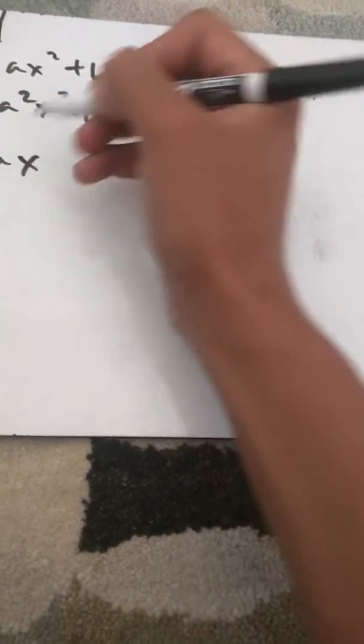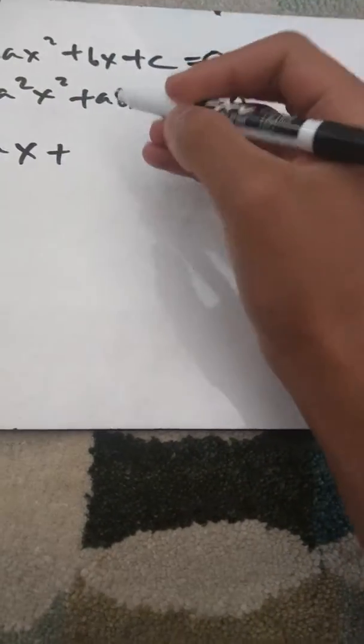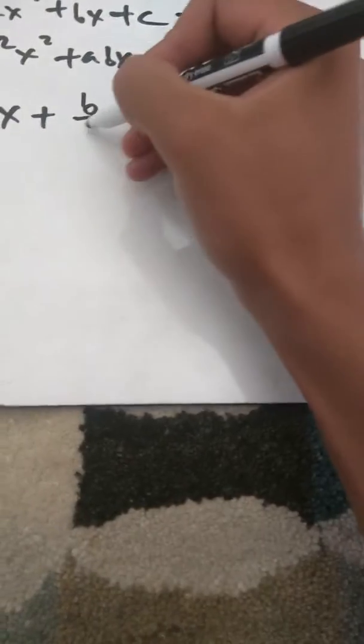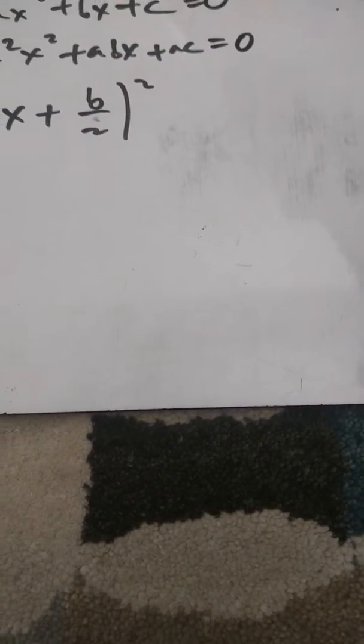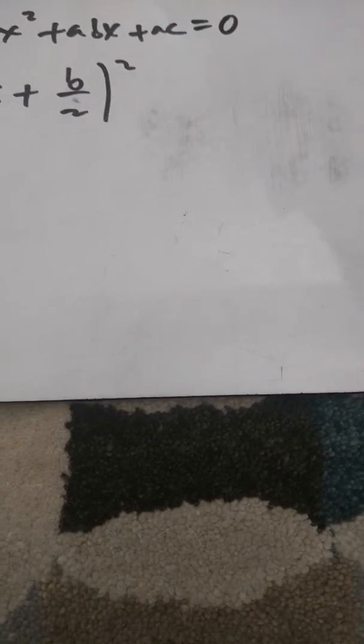And then we do ax plus b over 2 squared. So we have a squared x squared plus abx over 2 plus abx over 2, and then plus b squared over 4.